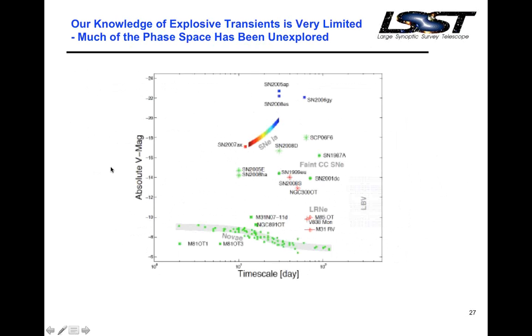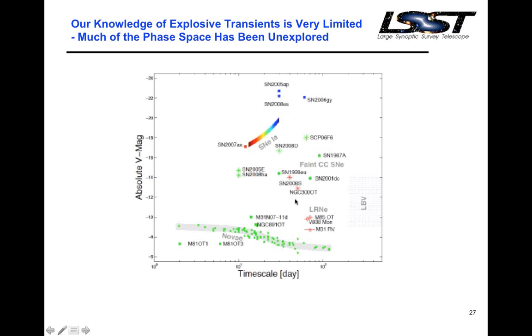So this is a plot, an earlier version of a plot actually taken from Shri Kulkarni, which is kind of an indication of where transients sit on the time domain plane. So the vertical axis here is absolute magnitude, how bright they are. The horizontal axis is a characteristic time scale of variability. And so you can see well-known classes of explosive objects like type Ia supernovae or classical novae sit in particular places there.